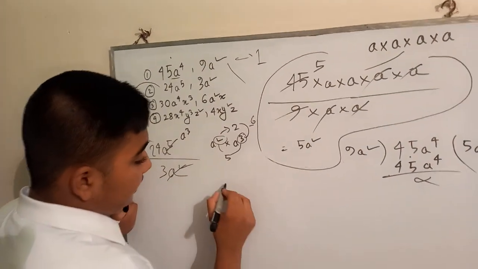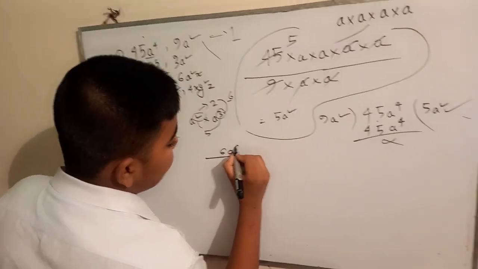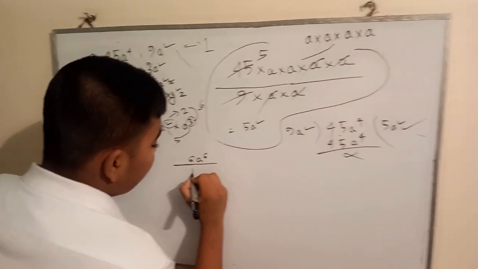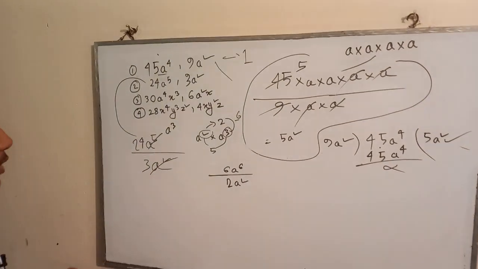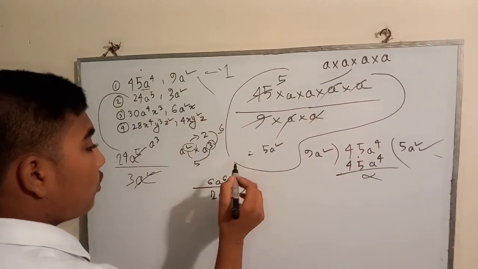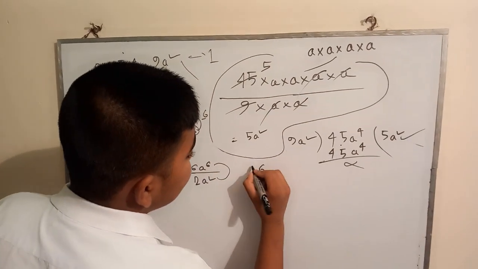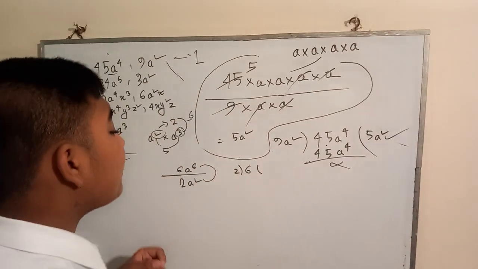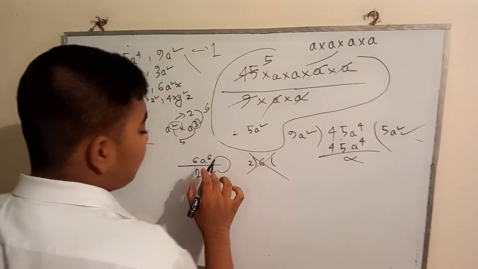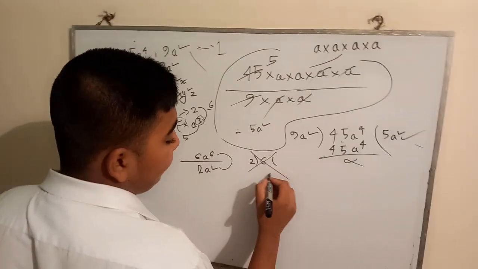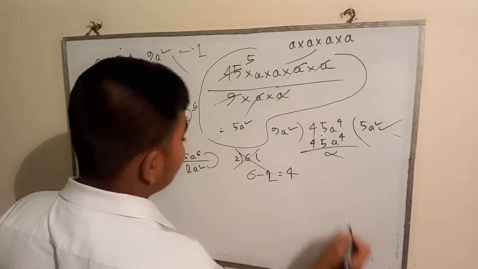Think that if the math comes like this, 6A6, 2A square. Now these two you don't have to divide. You have to subtract 2 from the 6, like this. 6 minus 2, answer will be 4.